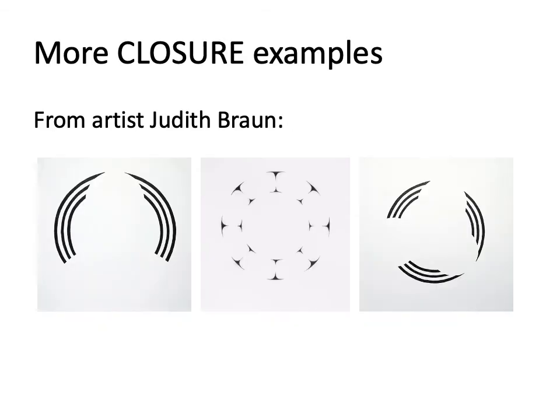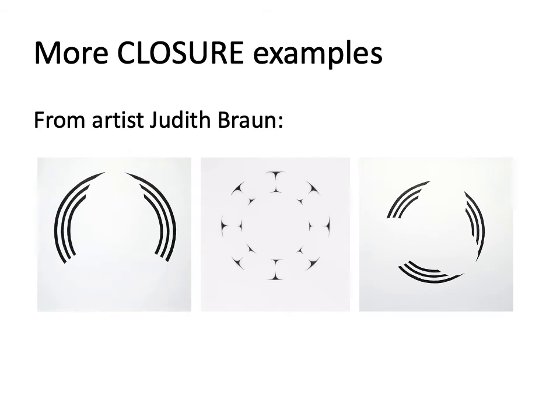Here is another example. This is from artist Judith Braun, who's a working contemporary artist. She works primarily in drawing modes right now, and these are some recent drawings of hers that she's been doing during quarantine.